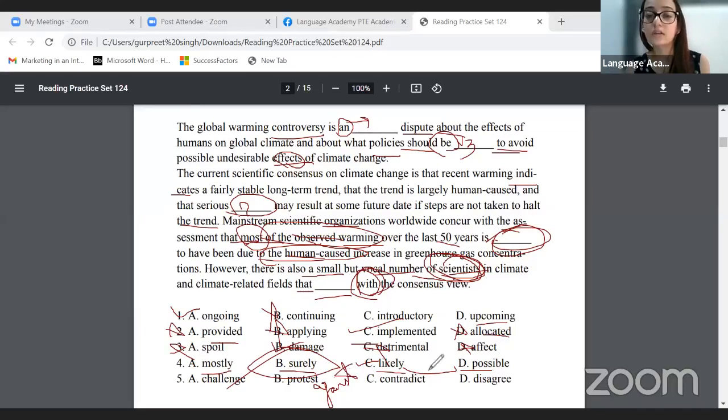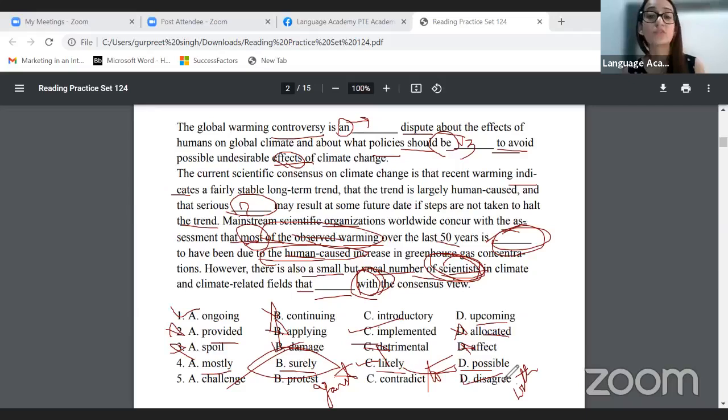Scientists that contradict with, contradict comes with the word to, and disagree and agree come with the word with. Right? So the answer will surely be disagree. We don't have a choice. Contradict comes with to, protest comes with against, and challenge doesn't make sense.